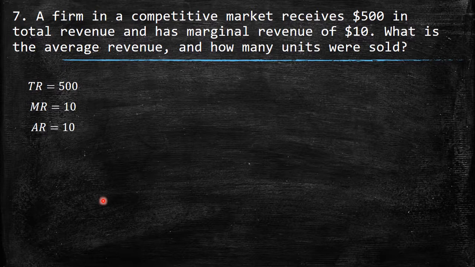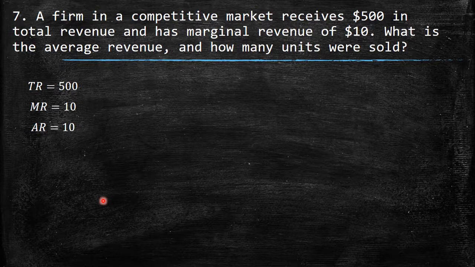Then we need to discover the units sold. Remember that in a competitive market, the characteristic is that the price is exactly the same as the average revenue and exactly the same as the marginal revenue at that point.